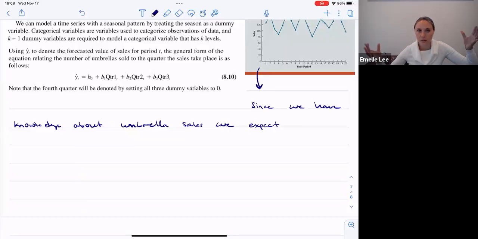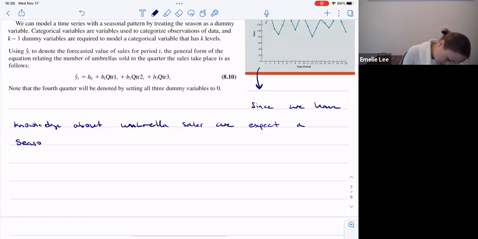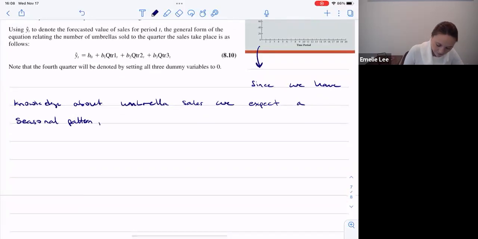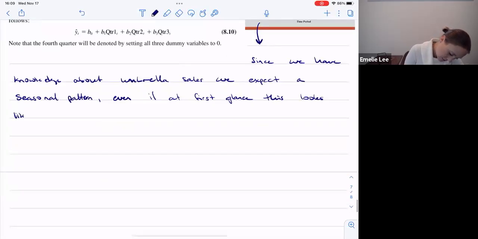If it's not rainy, we're not going to sell any, etc. So we expect a seasonal pattern even if at first glance this looks like a horizontal pattern. So we have to be really, really careful.